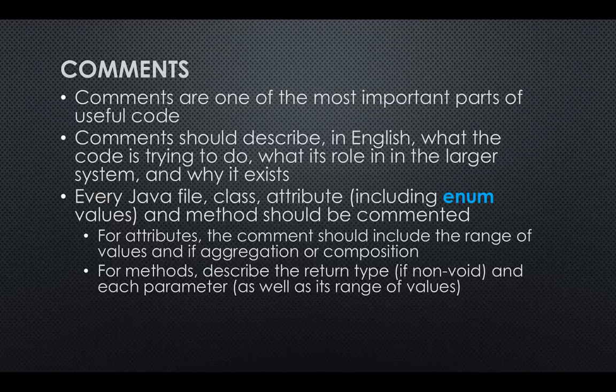Oftentimes in the FRC library, things like motor output, joystick values, and those kinds of things are stored as doubles, and frequently they're in the range of -1 to +1, where +1 is equivalent to 100% forward power, 0 would be off, and -1.0 would be 100% reverse power for a motor.